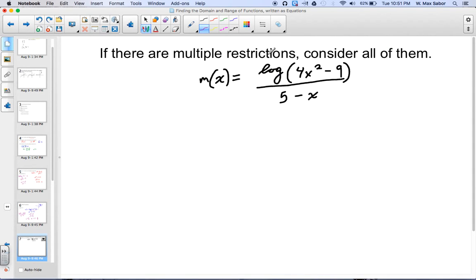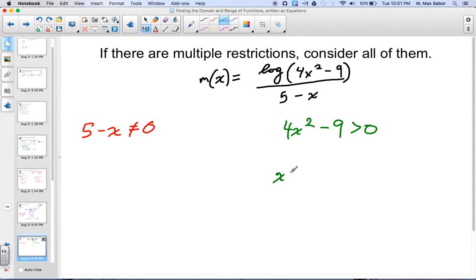If there are multiple restrictions, then this is very rare. We're going to consider all of them. If we have this denominator, that means the denominator can't be 0. We also have a logarithm, and the input to the logarithm is going to be greater than 0.